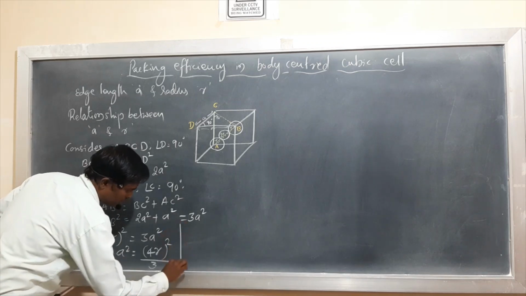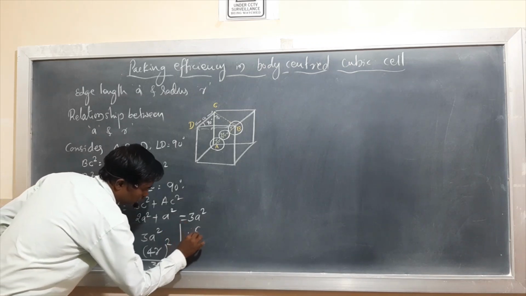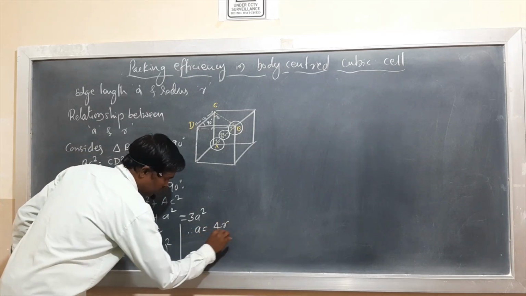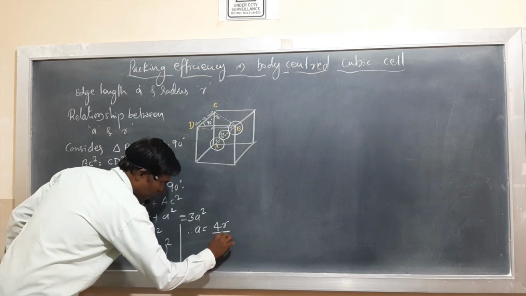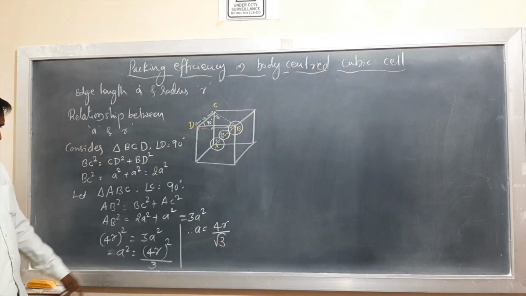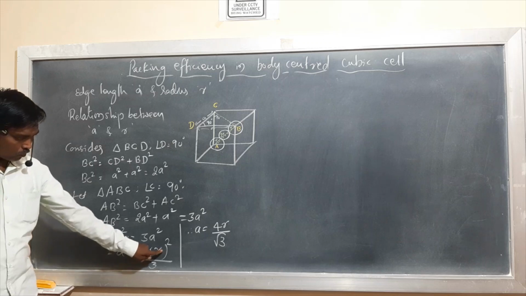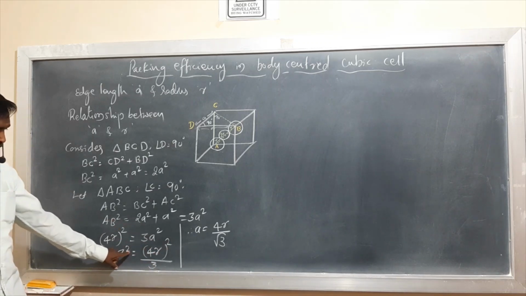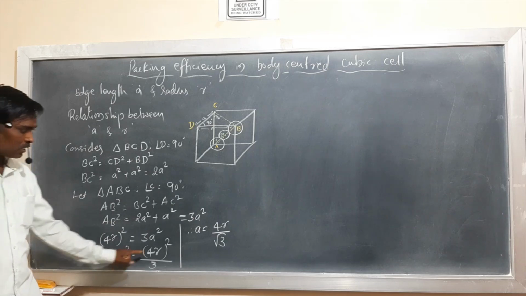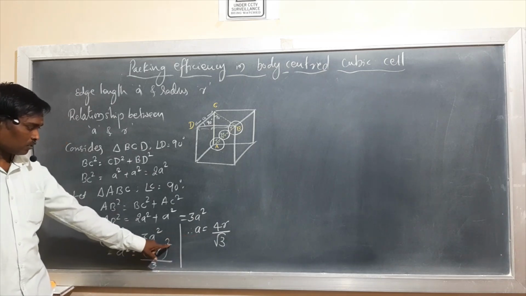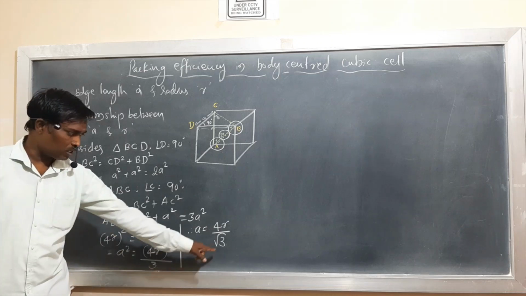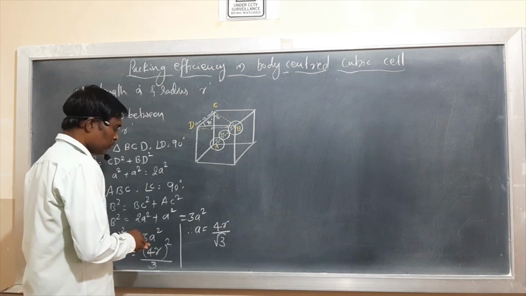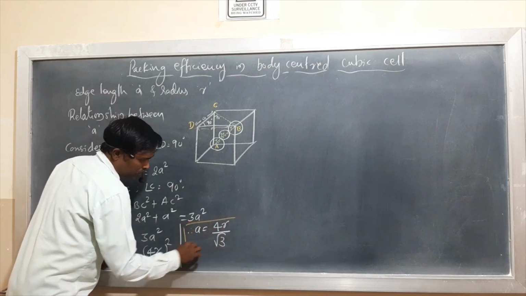Taking the square root on both sides, the square and square root cancel, so A is equal to 4R in the numerator and root 3 in the denominator. So this is the relationship between the edge length and the radius of the sphere.